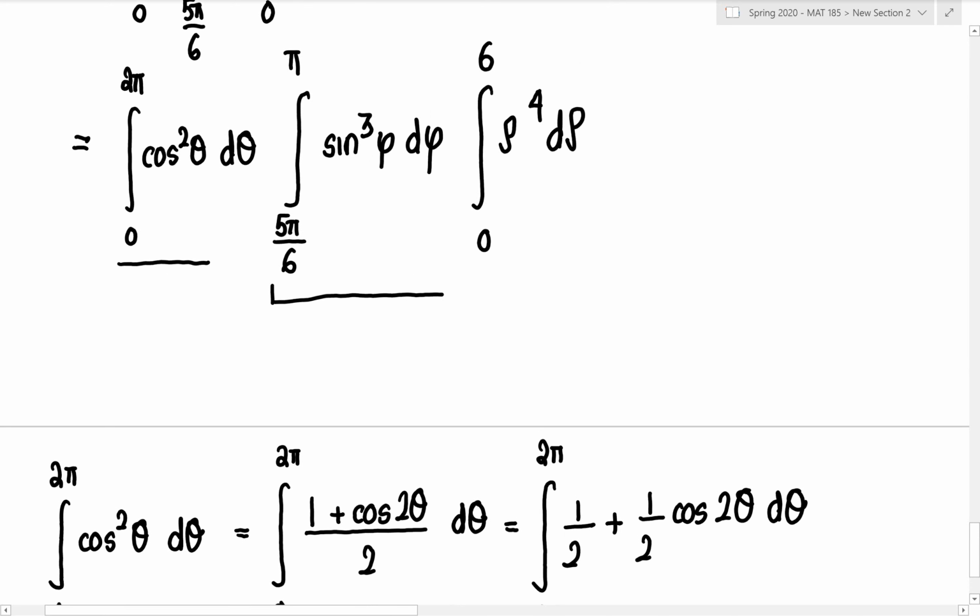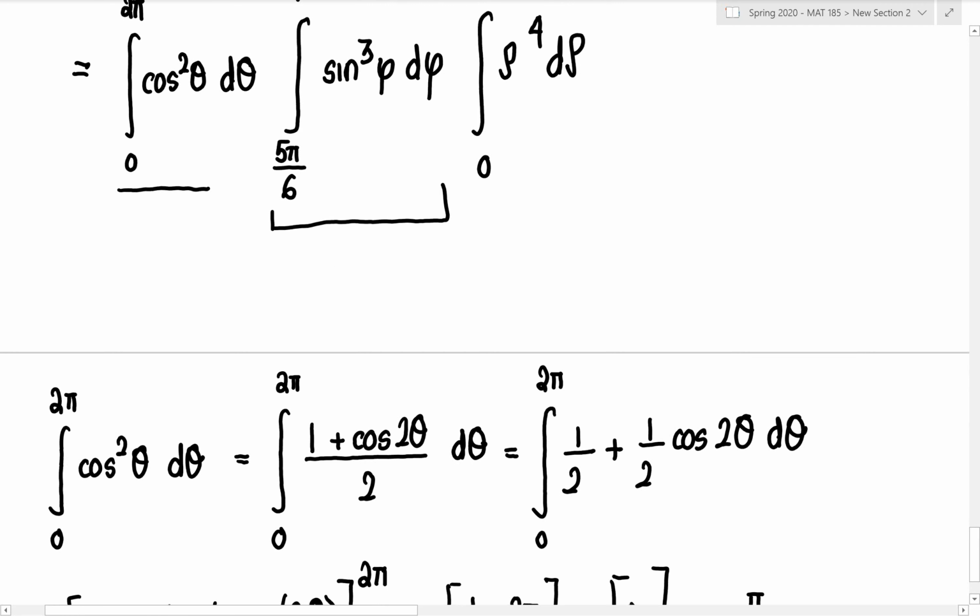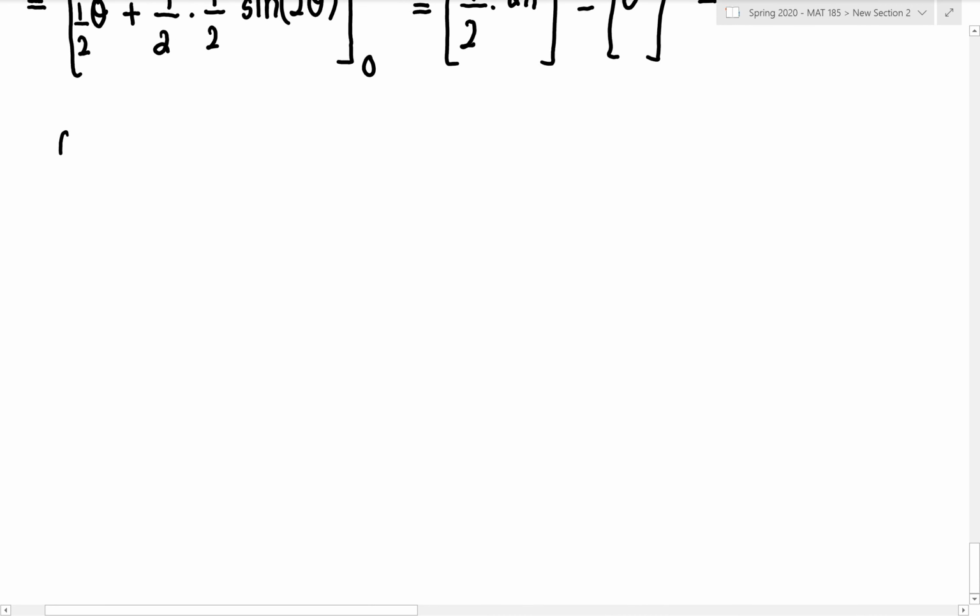Next, we are going to look at sine cubed phi. So we're integrating from 5 pi over 6 to pi of sine cubed phi d phi. All right, so note here that we have an odd power of sine.